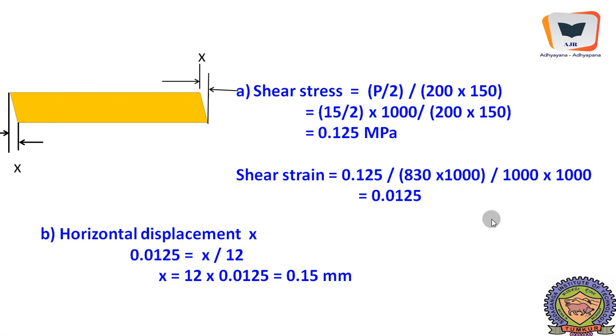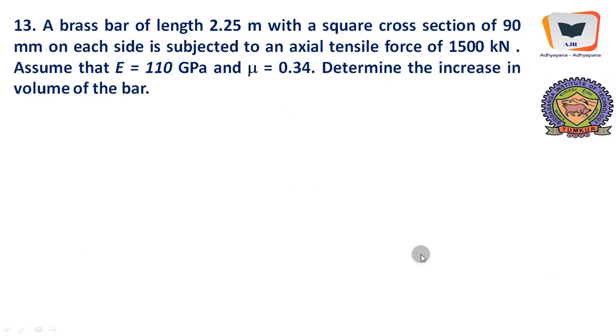We know the shear strain value calculated in the previous computation, 0.0125, equal to x divided by the height, that is 12 millimeter of the thickness. So x equal to 12 times this, which gives us a dislocation of 0.15 millimeter.